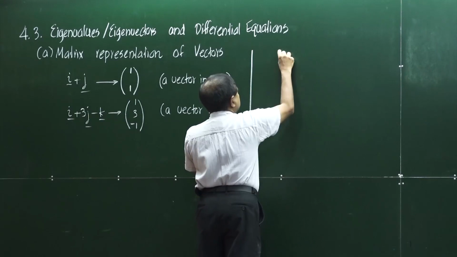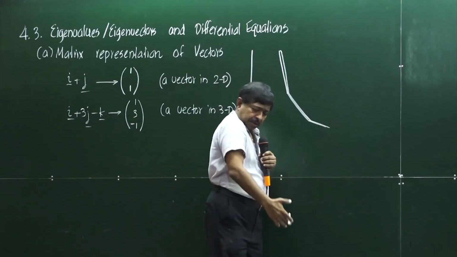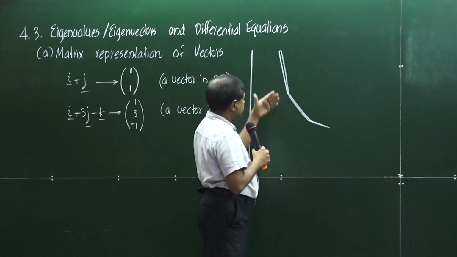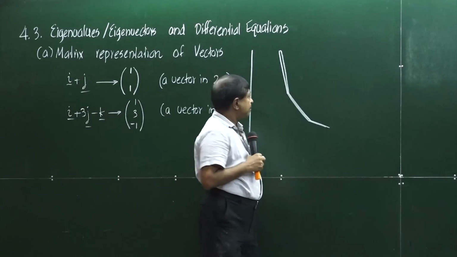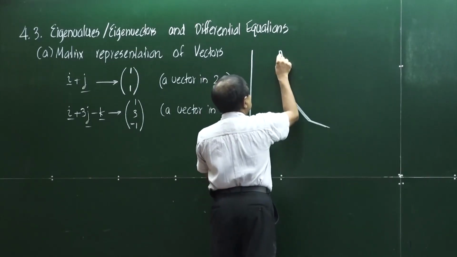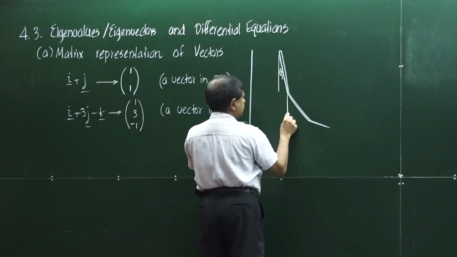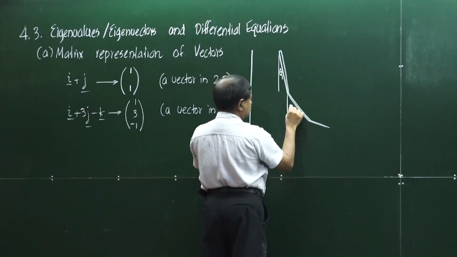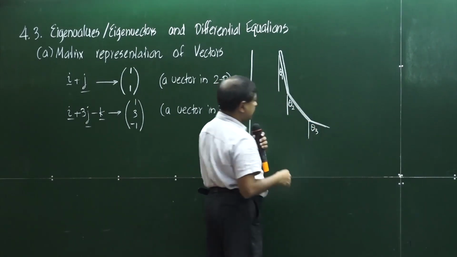Consider a robot arm like this, for example, right? Say this can move only in a certain plane, like this. If you take this angle, I'll take it as theta 1. This arm makes an angle theta 2 with the vertical direction, and this is theta 3.